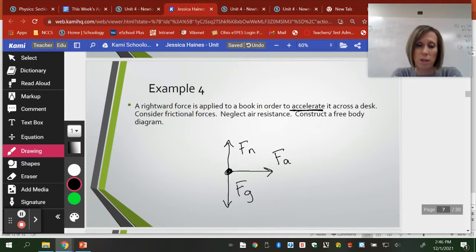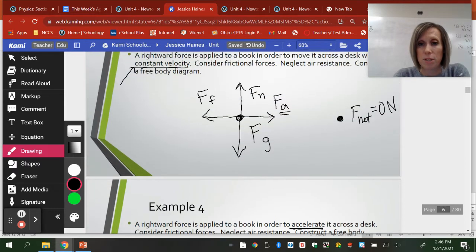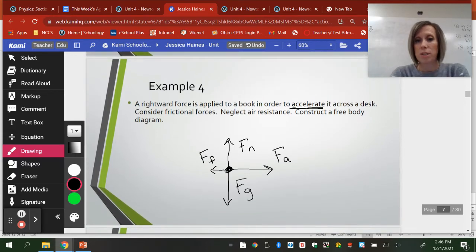We know it's going to go to the left because frictional forces always oppose the direction of motion, but it's going to be smaller. If the frictional force was the same size as the applied force, we would have the constant velocity situation.